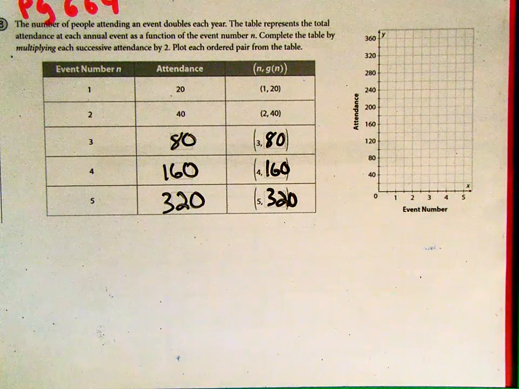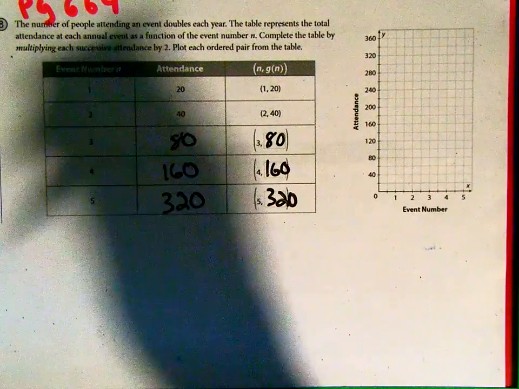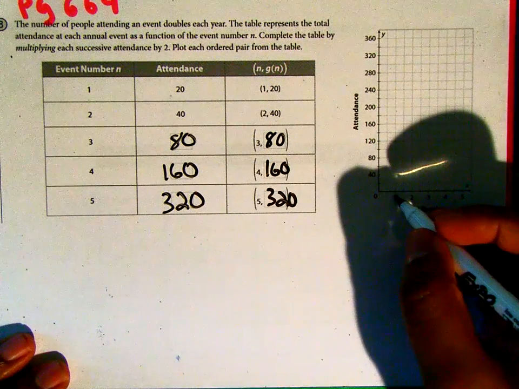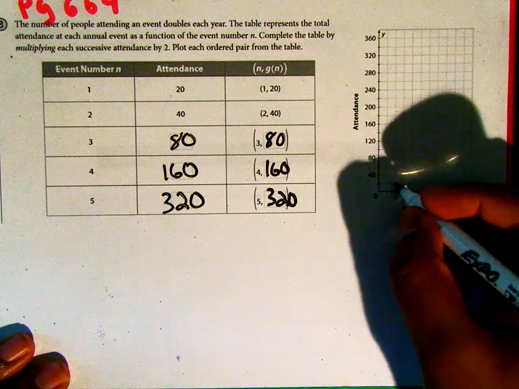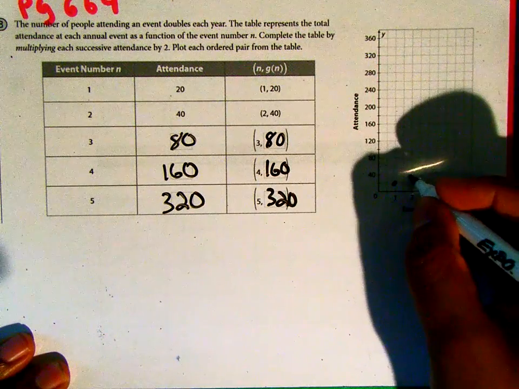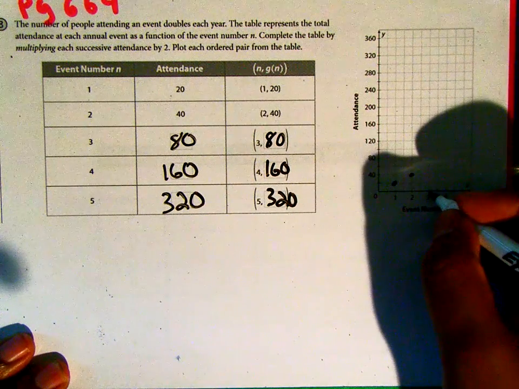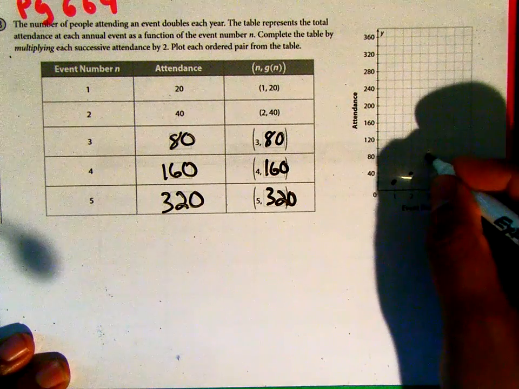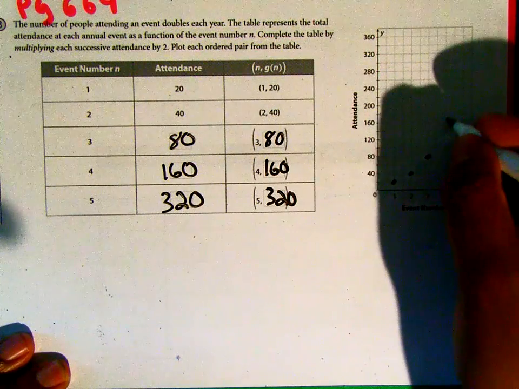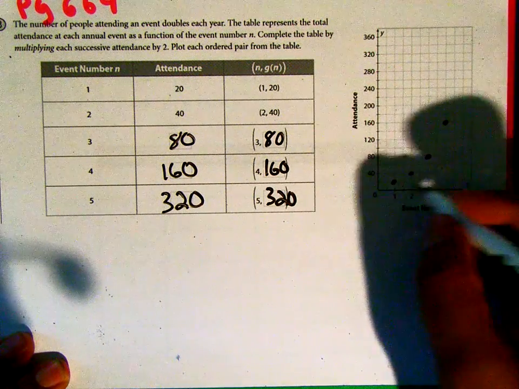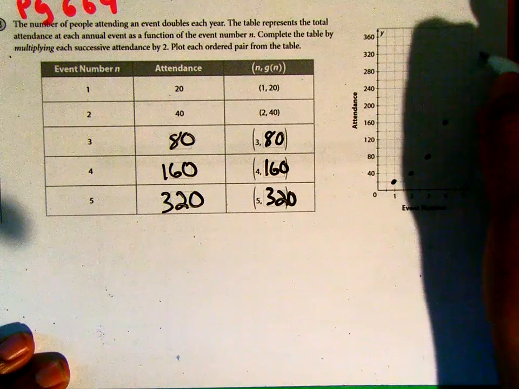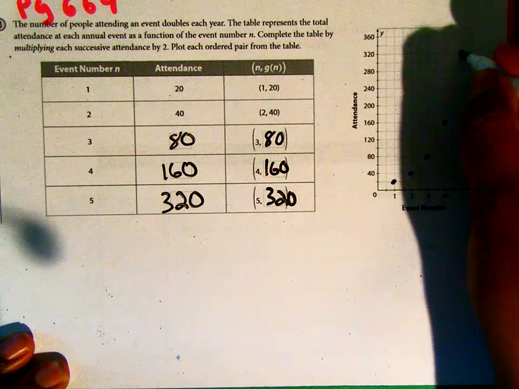And now we're going to go ahead and plot these points. So you go over 1 and go up 20, go over 2 and go up 40, go over 3 and go up 80, go over 4, go up 160, and go over 5 and go up to 320.